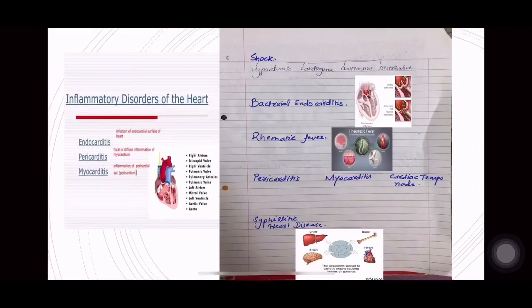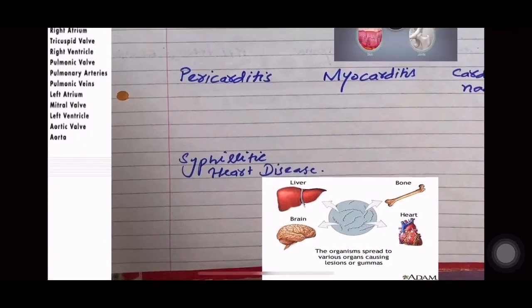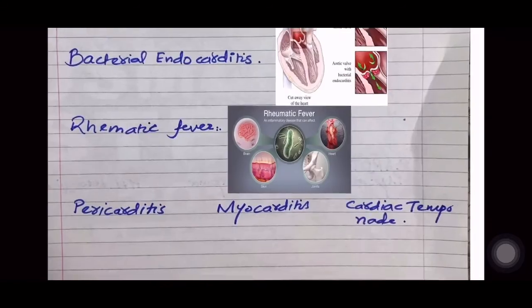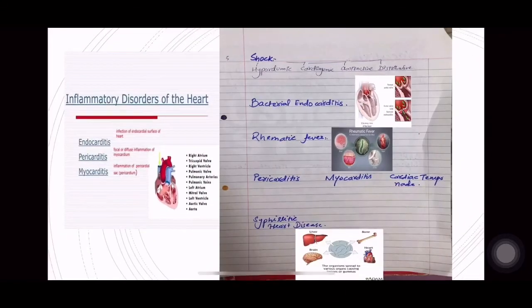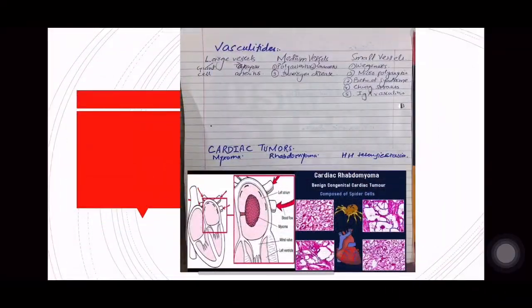Next, we have syphilitic heart disease. Organisms spread to various organs causing lesions or gummas. We have primary syphilis, secondary syphilis, and tertiary syphilis. Then we have vasculitides of large vessels, medium vessels, and small vessels.